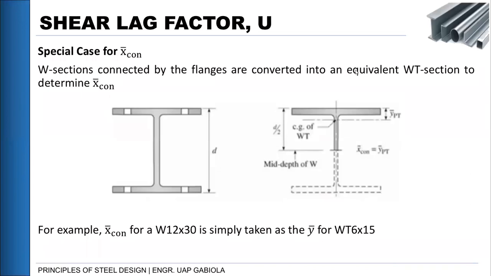For W sections connected by the flanges, we need to convert the wide flange section to an equivalent WT section to get the value of bar Y, or the distance from the connected face to the centroid of our section. So we need to get the WT counterpart of the W shape section.